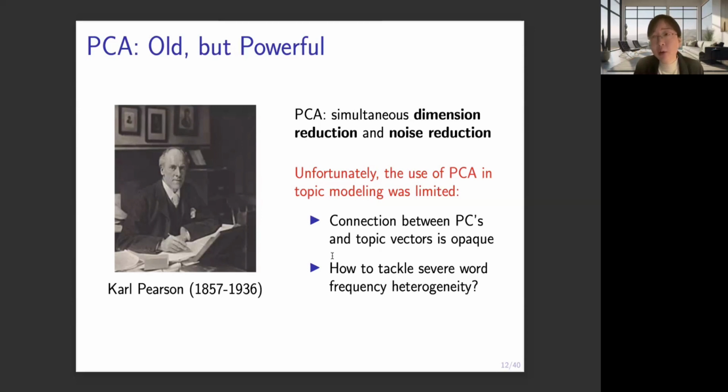In natural languages, we often have Zipf's law, which means the frequencies of some words can be hundreds of thousands of times higher than the frequencies of some other words. The textbook tells us that we should only use PCA if the data doesn't have severe heterogeneity. If the data has severe heterogeneity, the accuracy of PCs will be very poor. So today, I will try to resolve these two challenges and introduce a spectral algorithm for topic modeling.